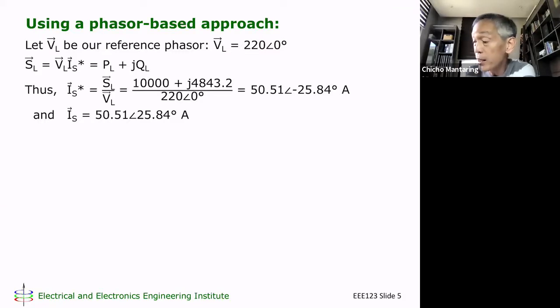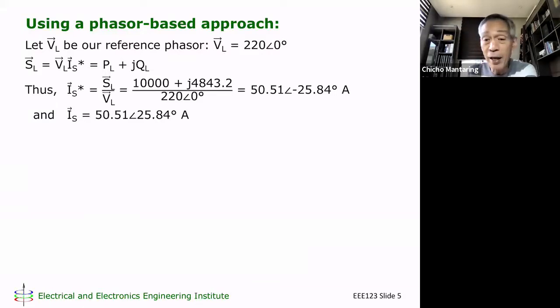Therefore, I_S will be the conjugate of this, which is 50.51 at an angle 25.84 degrees amperes. Okay, any questions so far? If nobody tries to get my attention, I'll assume no questions.